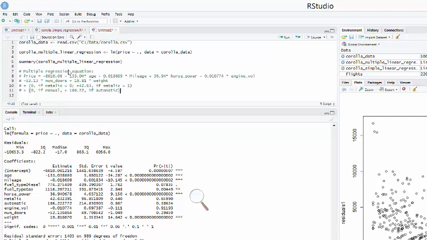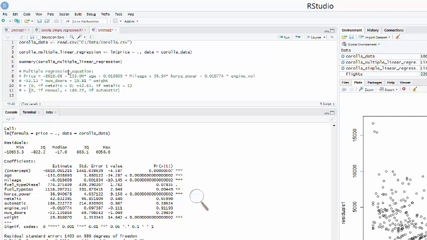Well, if there are two cars again, identical in all respects, same mileage, same age, same color, both metallic or both non-metallic, whatever, everything else being equal, the automatic car will cost $186 more than an identical car with a manual transmission. Okay?